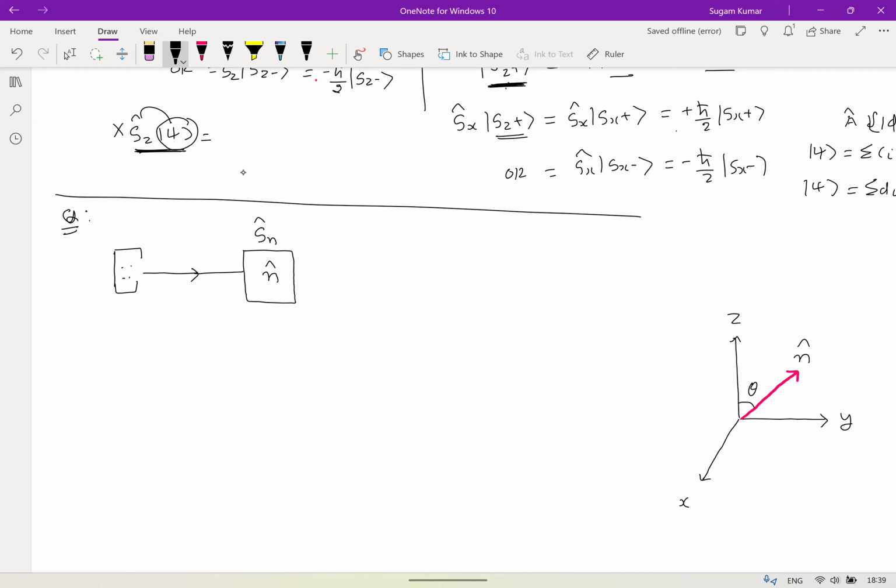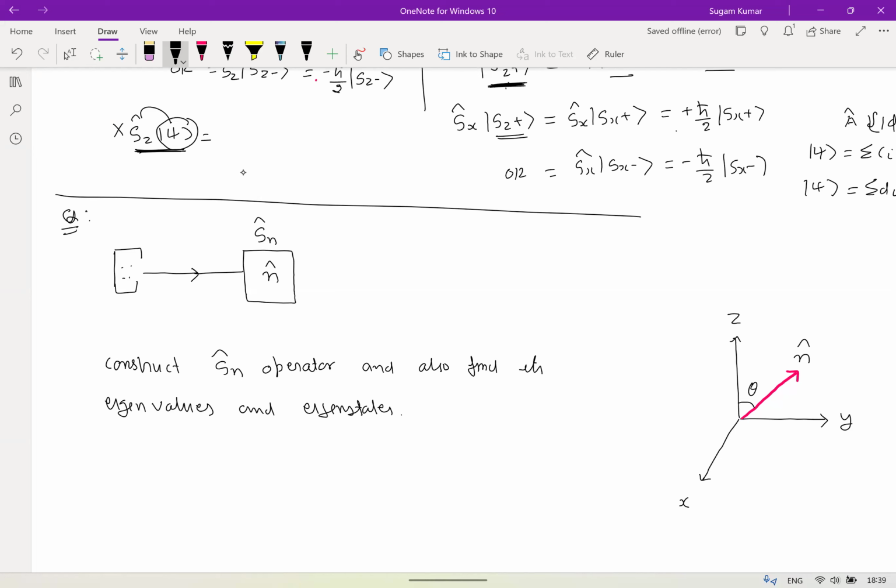The question is that you have to construct the Sn operator and also find its eigenvalues and eigenstates. So this is the one assignment question I have given to you.